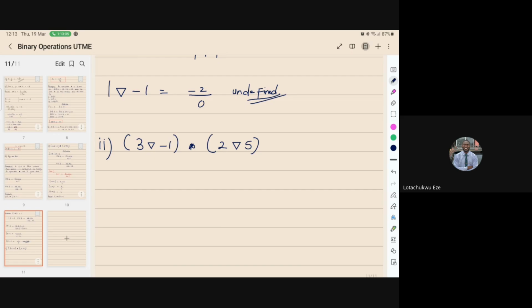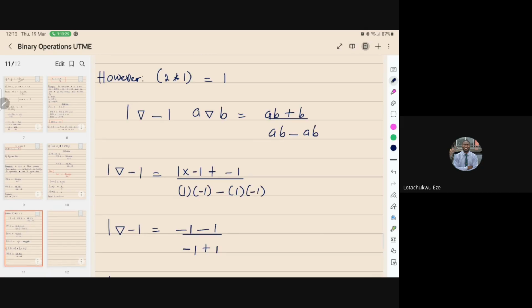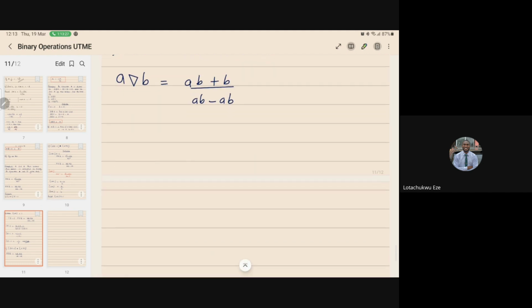That operation for that symbol, when you have that delta symbol, we had that A, the delta symbol right here, is equal to AB plus B all over AB minus AB, right? We can now plug in our values and get the two of them as the case might be, right?